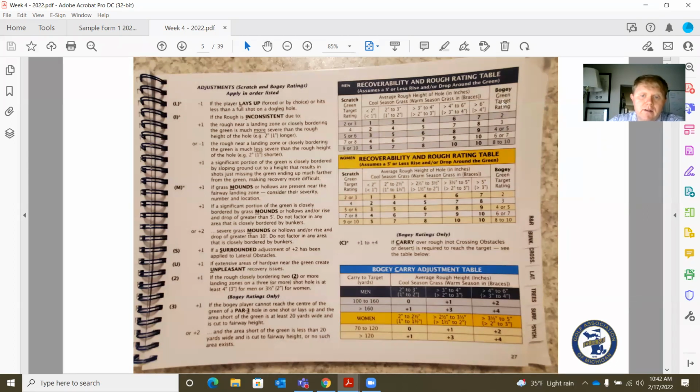And like we talked about at the very beginning when we were talking about R&R, our starting value is the green target value that we had previously. So a lot of times the captains will highlight the green target row on your Form 1 because it's important, not only for green target, but also as a starting point for R&R and for bunkers.